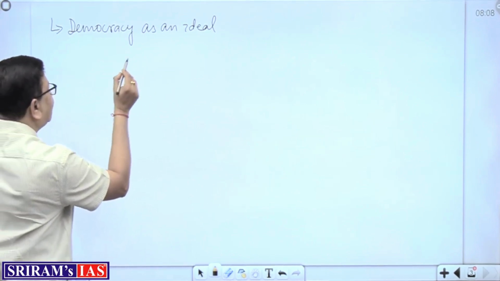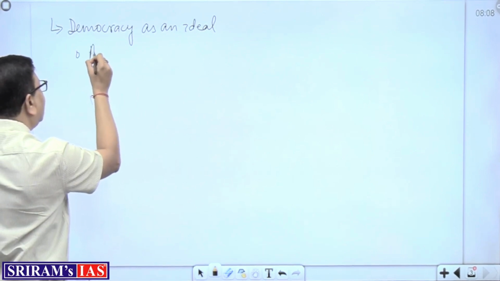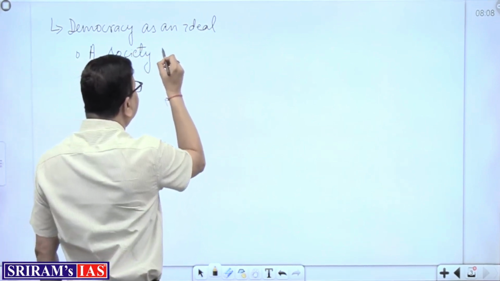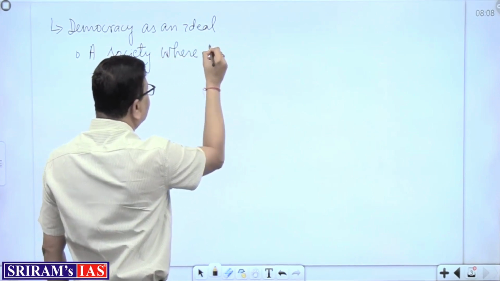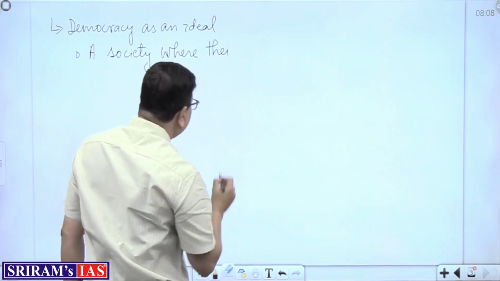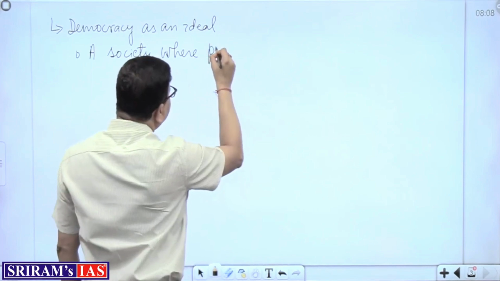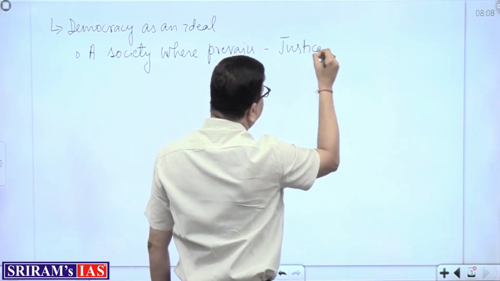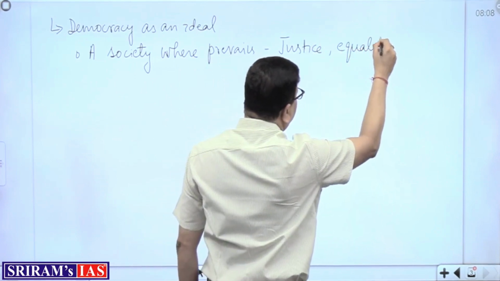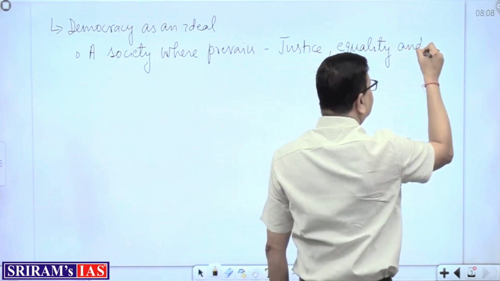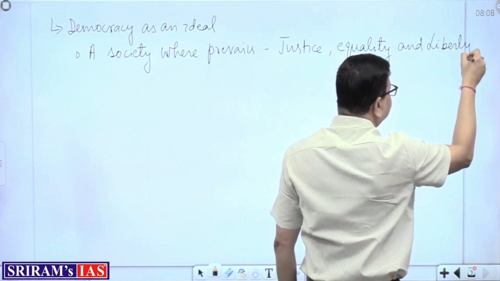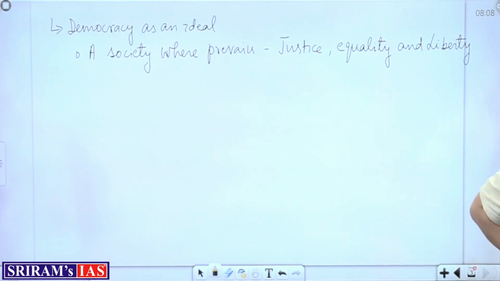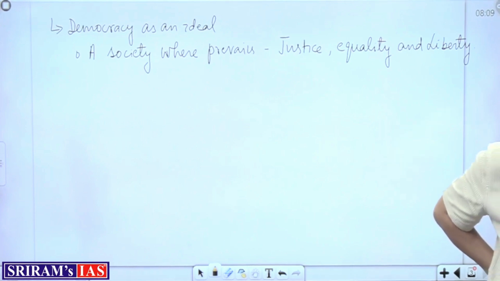So, when we talk about democracy as an ideal, it means a society where there prevails justice, equality, and liberty. So here basically we talk about the virtues, the values, the democratic ethos.